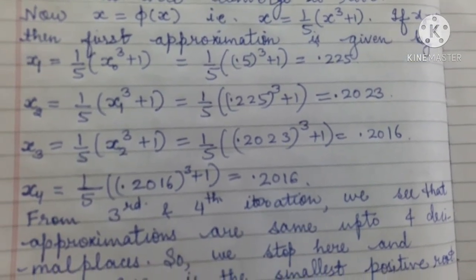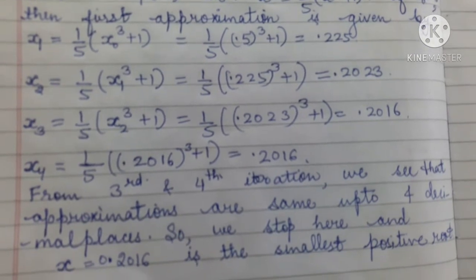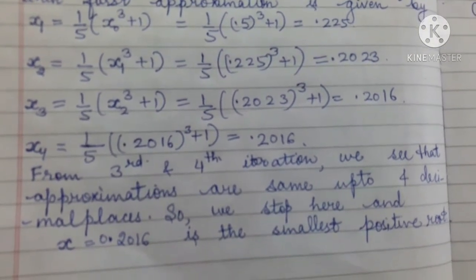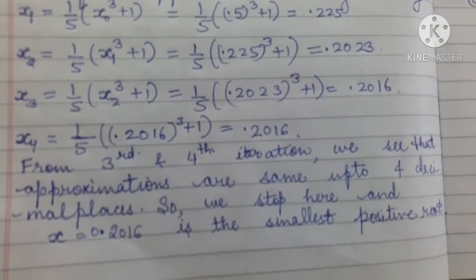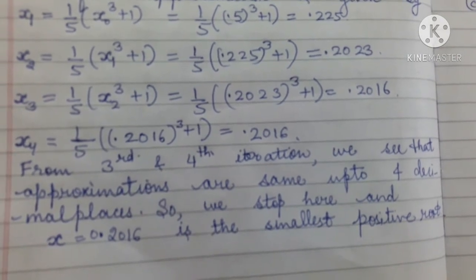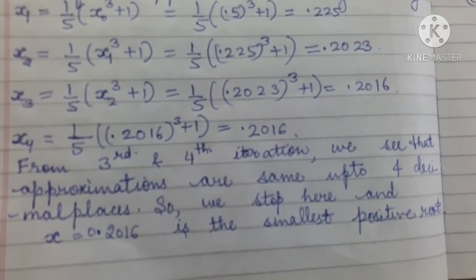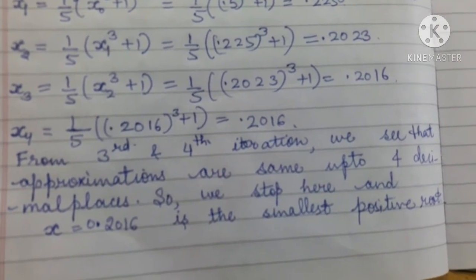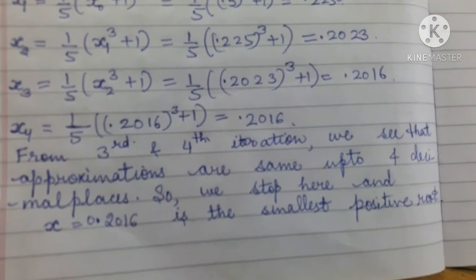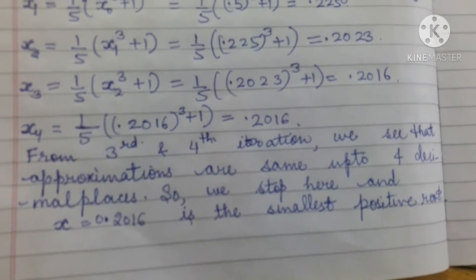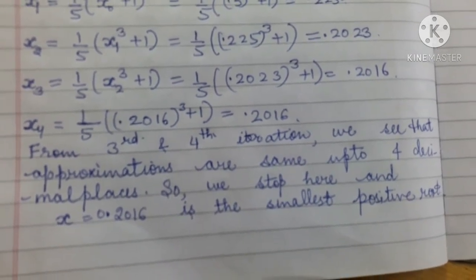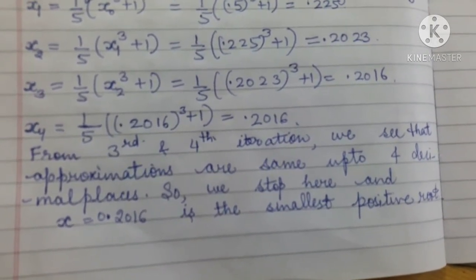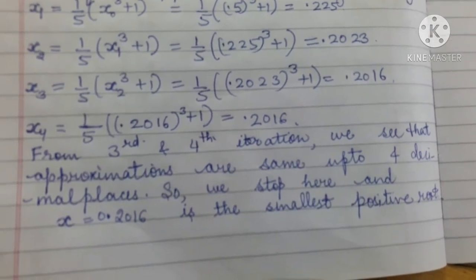Now here x3 is equal to 0.2016, and x4 is also equal to 0.2016. So now we see that the values of the approximations have started repeating up to 4 decimal places. So we stop here, and x equal to 0.2016 is the required smallest positive root.